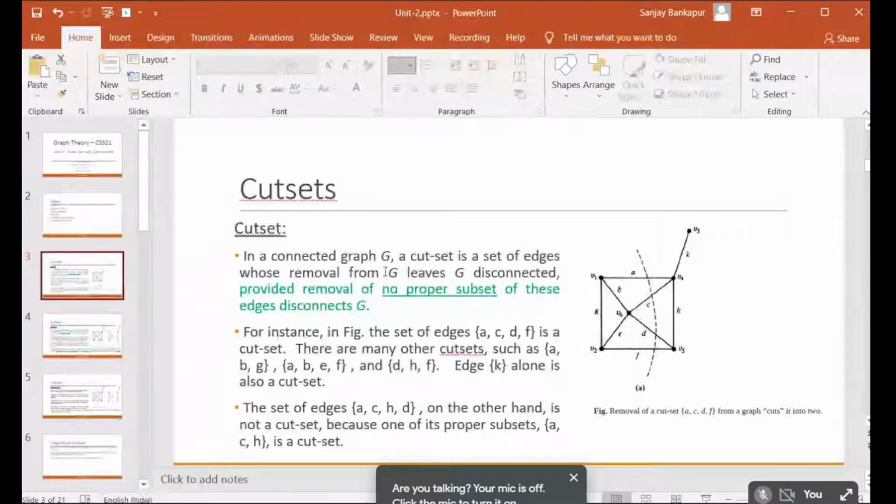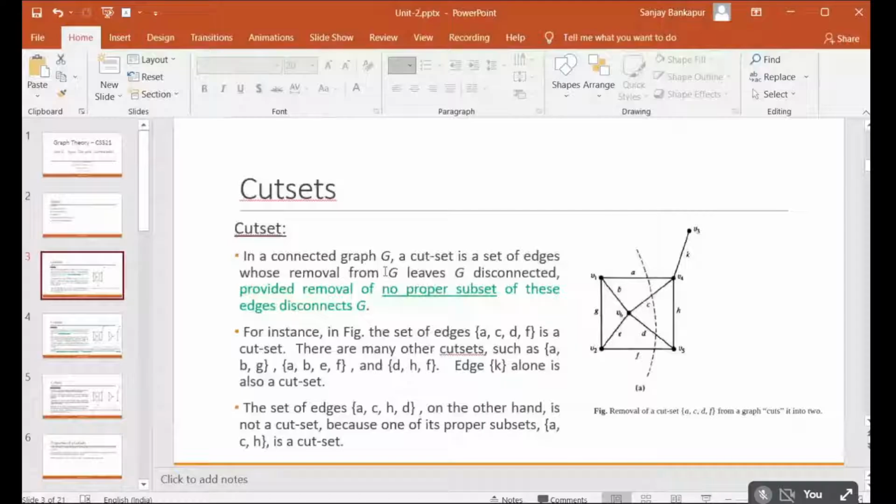Meaning in this set there are 4 edges. If any 3 edges of them from the given set are removed and the graph still becomes disconnected, then these 4 edges are not a cut set, right? So the definition says in a connected graph G, a cut set is a set of edges whose removal from G leaves G disconnected, provided removal of no proper subset of these edges disconnects G.